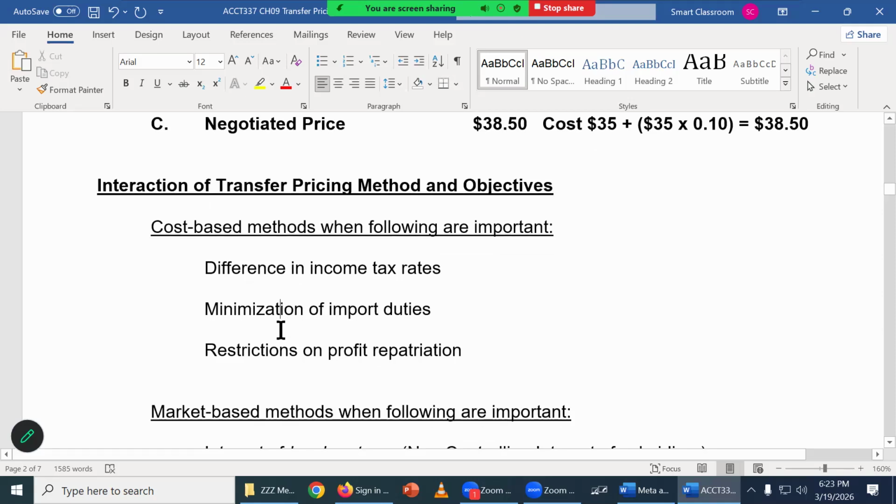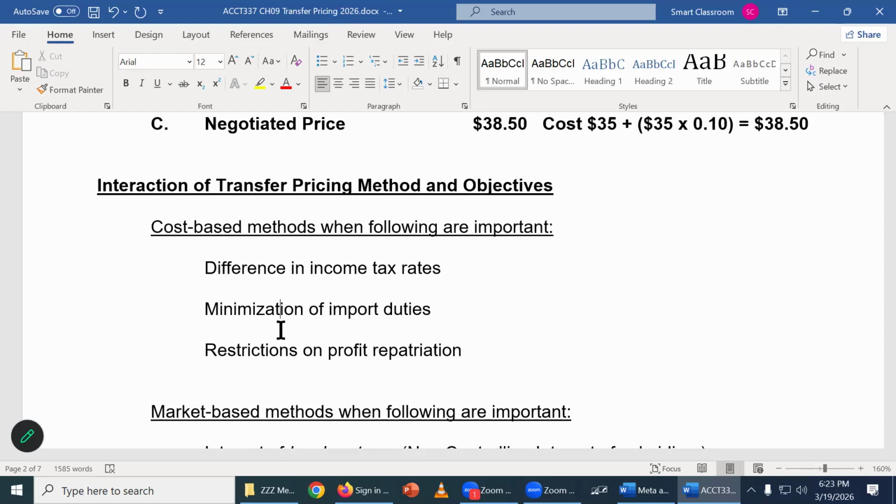Minimization of import duties or even tariffs. Import duties, you can negotiate down the price. Whatever is brought in at the claimed value is subject to these import duties. So if you reduce the price, now this is going to make the subsidiary less profitable, but you can reduce the import duties.